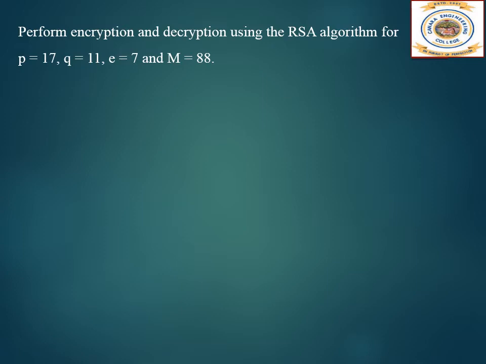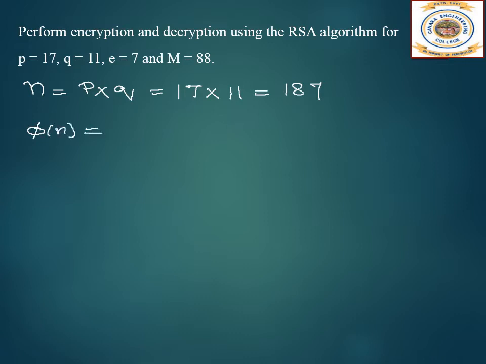So here in this case, we know P and Q. So first we have to calculate N. N is equal to P times Q, that is 17 times 11. So we get this as 187. Next step is we have to find the totient function phi of n.